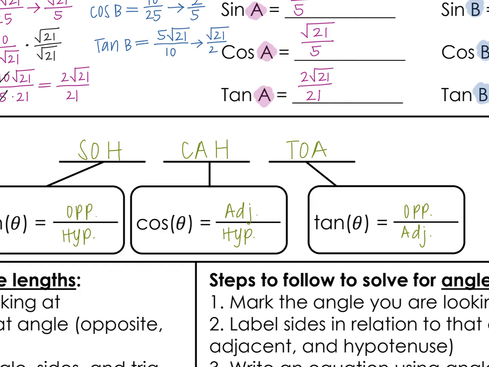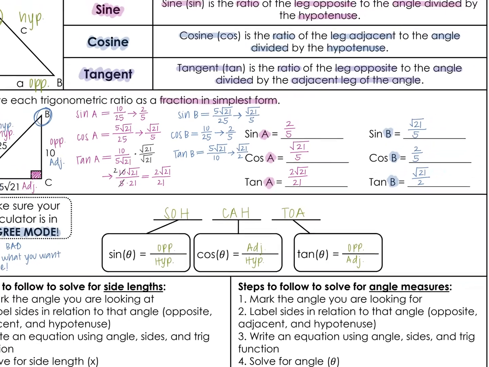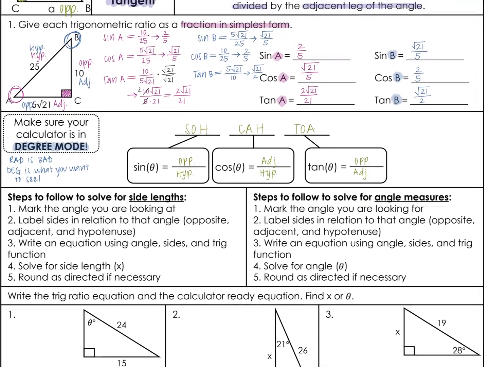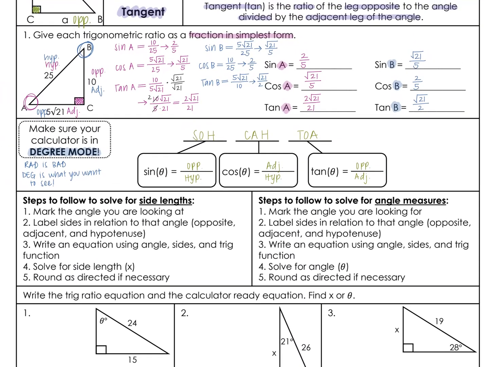All right, so we have a few steps in this next section that I'm giving you. Okay, you obviously don't have to use them, but they are an option. And so I'm going to read through them and then we'll use them to solve the 6 problems down below. So we have steps to follow to solve for your side lengths.